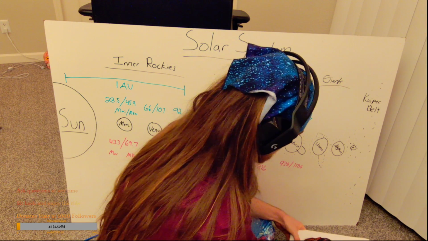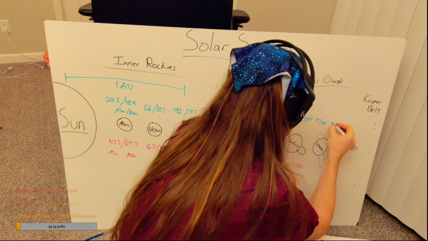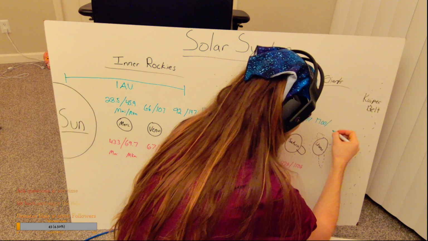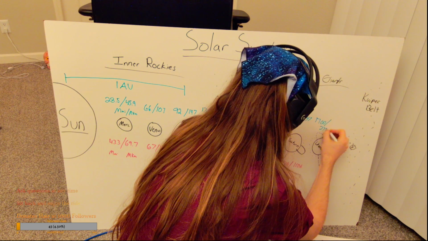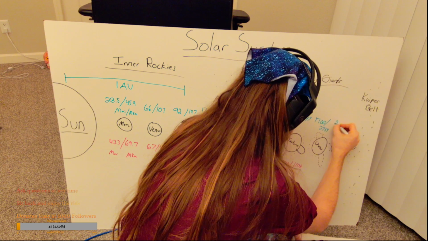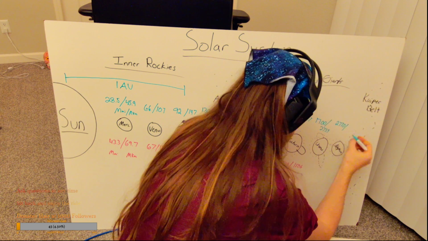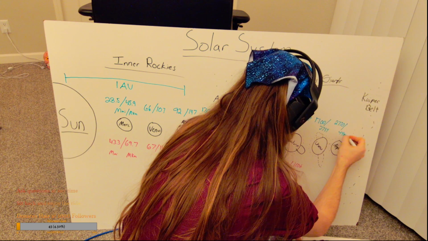So Uranus is 1700 or 2734. Neptune, these are at their closest, 2770 or 4456.